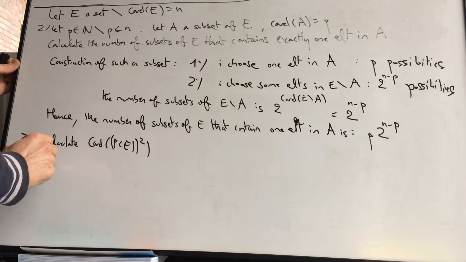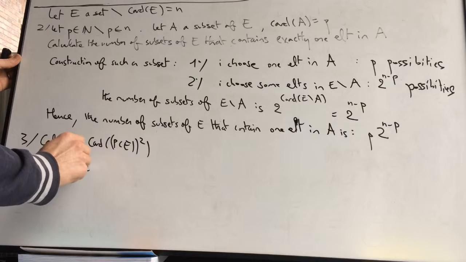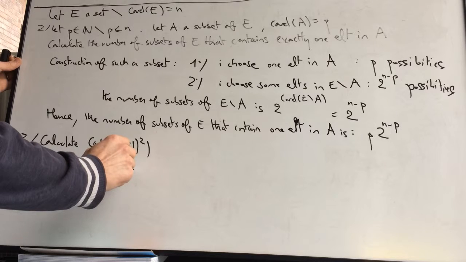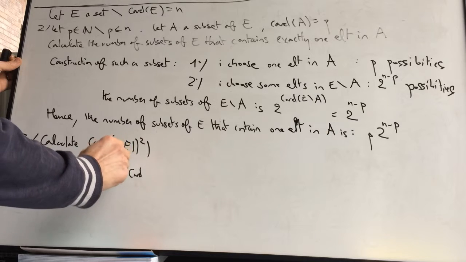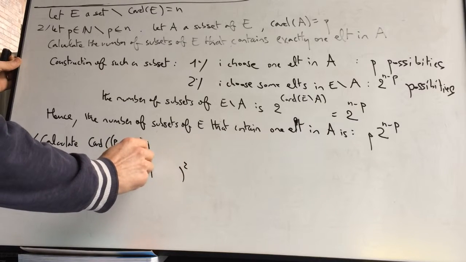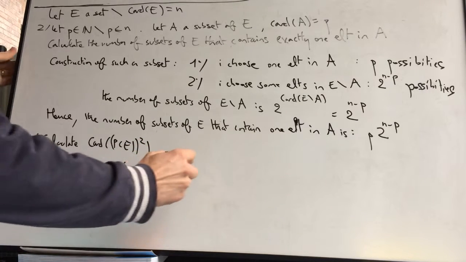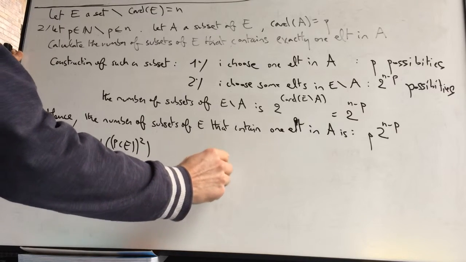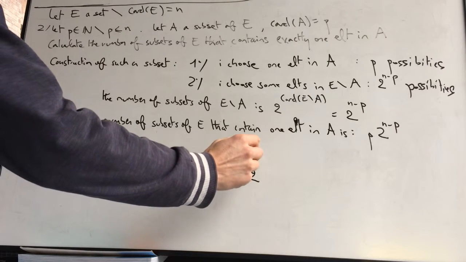And here we know that the cardinality of the power set of E square is equal to the square of the cardinality of the power set of E, and then we know that the cardinality of the power set of E is 2 to the power of n, and then we get 2 to the power of 2n.